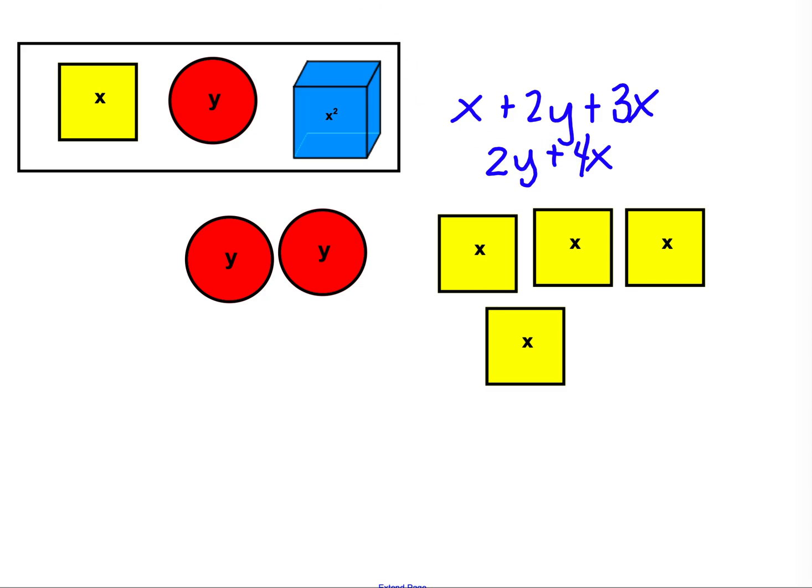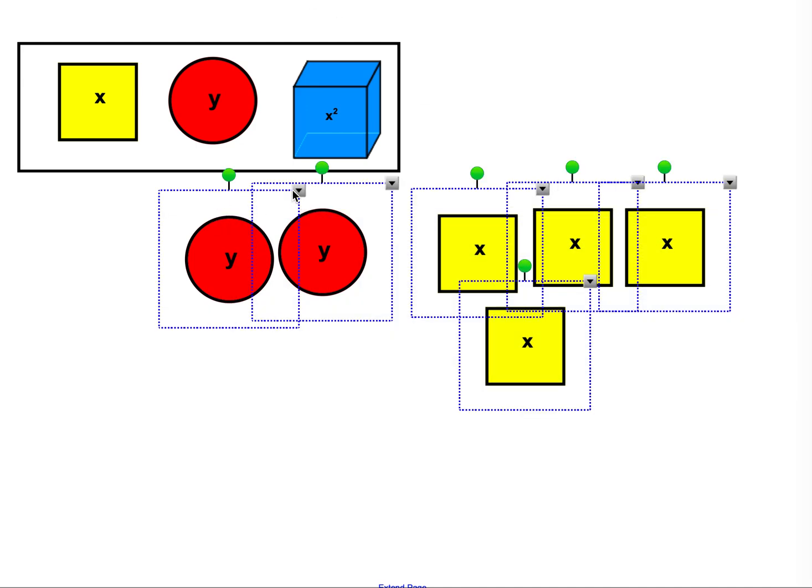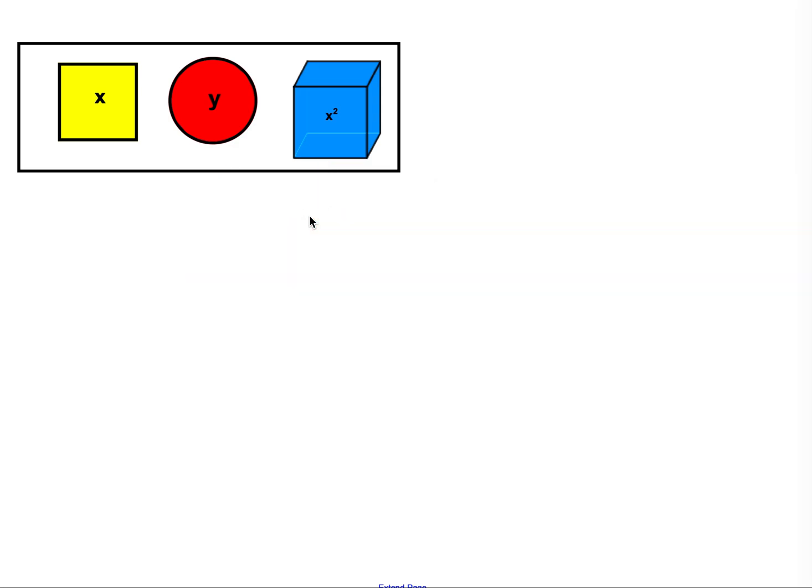We can use the commutative property, so it doesn't matter the order that we write our expression in. Okay, so I'm going to erase what we have here, and get rid of our pictures too, and then we'll do something else. Okay, so let's say I wanted to write the expression 2x plus 2y plus x squared plus y.